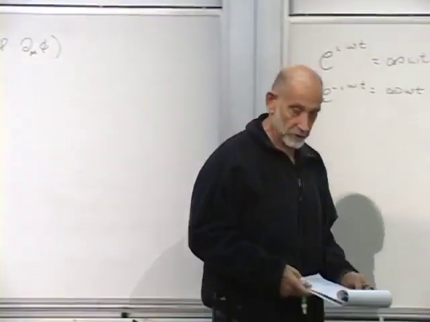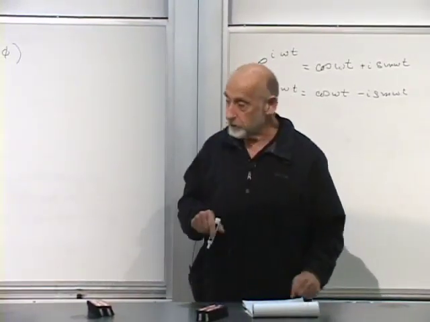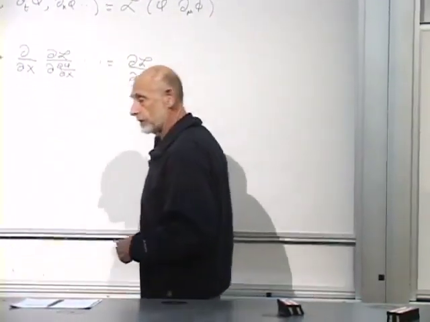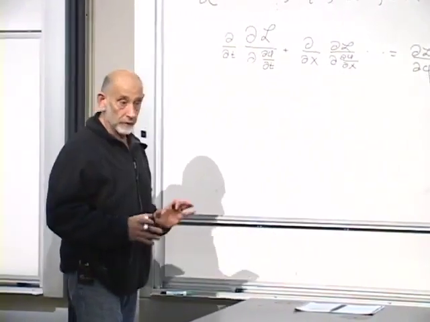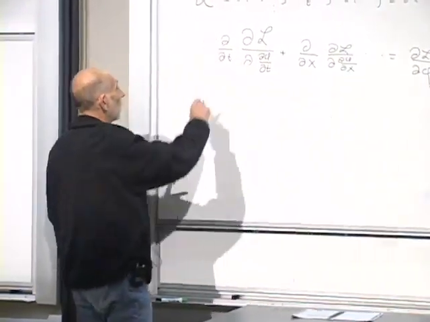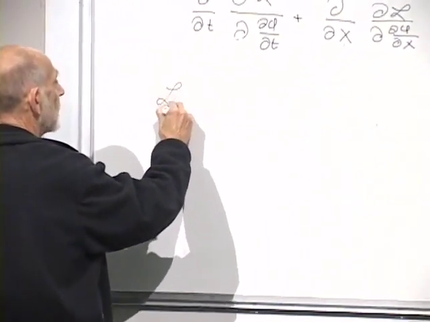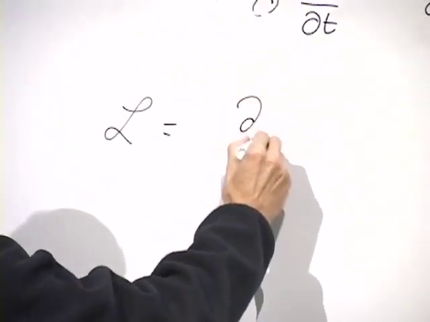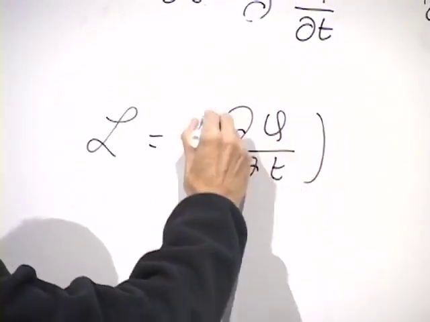So as I said, we'll do an example. As we go on, we'll do some examples, but let's just do the very simplest example, just to see how this works. A simple scalar field, a very simple scalar field, simplest field, has a Lagrangian which is equal to the square, the derivative of phi with respect to time squared.